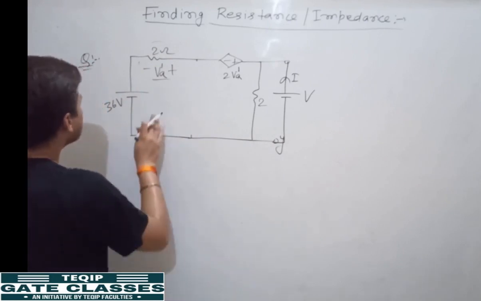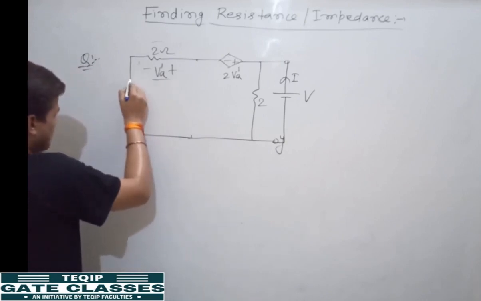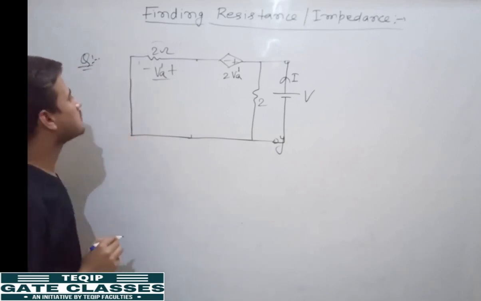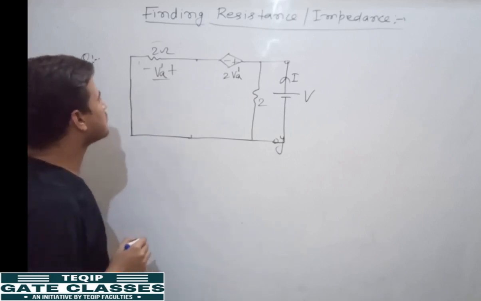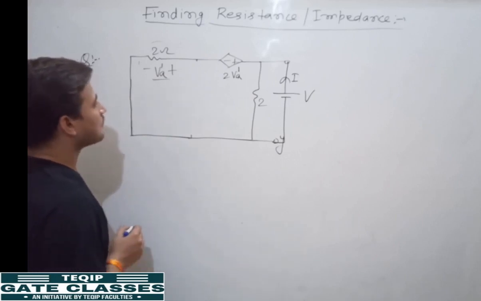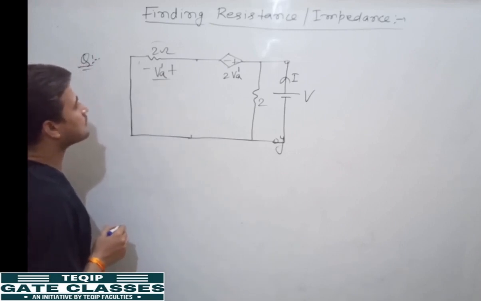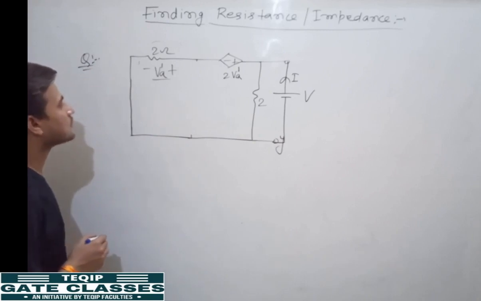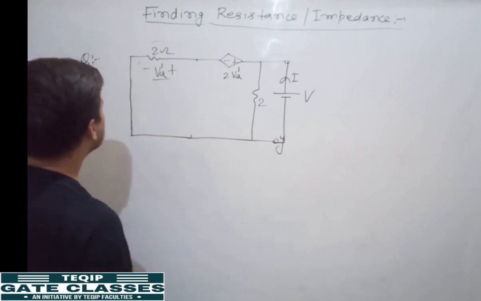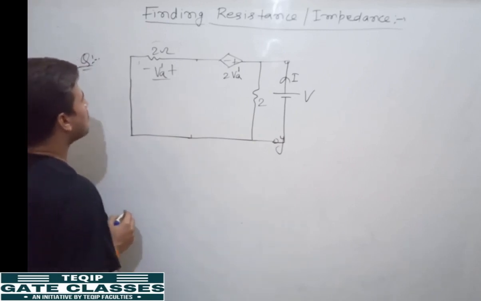And here what will happen? This independent source will also be deactivated. Once this independent source is deactivated, then what will happen?